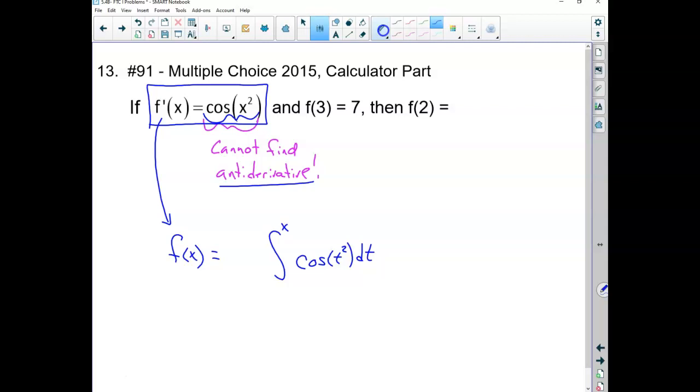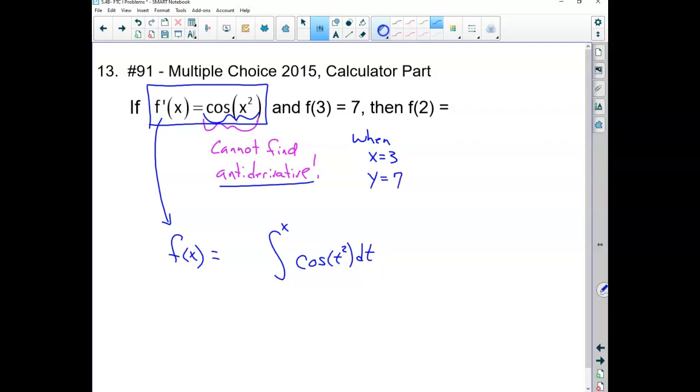This is f prime, that's a dy dx. I can throw my dx over on the other side, but I need a different variable. Remember when we built our area functions, we always use t. And I also know that when x equals 3, y equals 7.